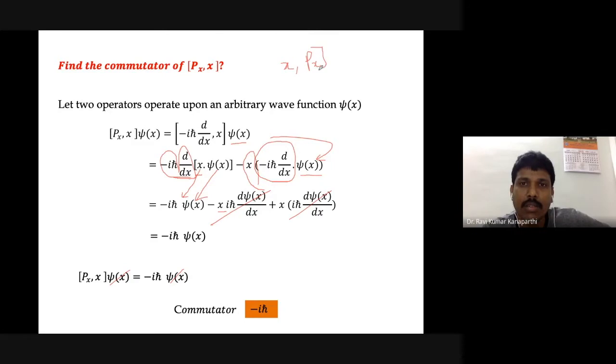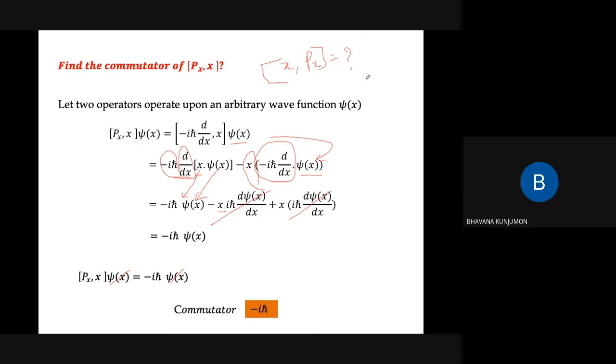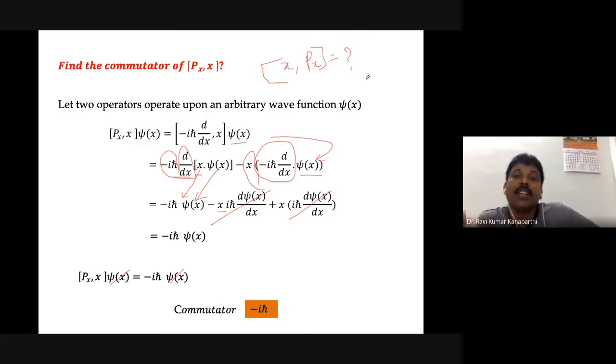If I give you a problem like this, what is the answer? iħ, yes, correct. Just remember that the negative sign will go away because of the negative sign here, right? So in this case it becomes a positive quantity. Therefore, it is simply iħ.